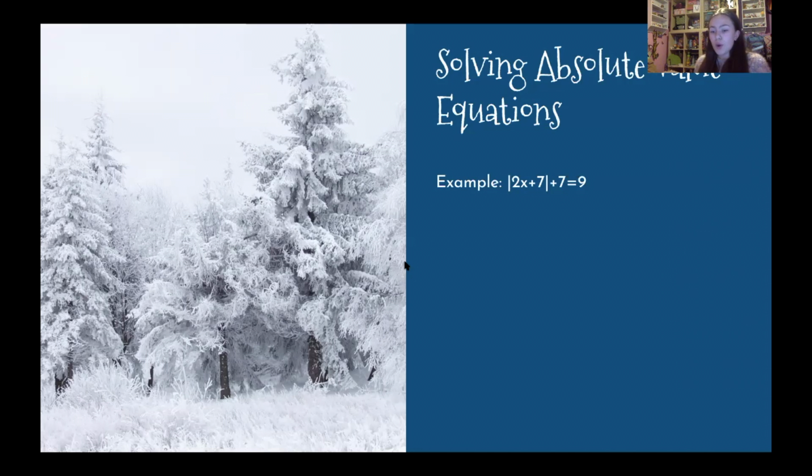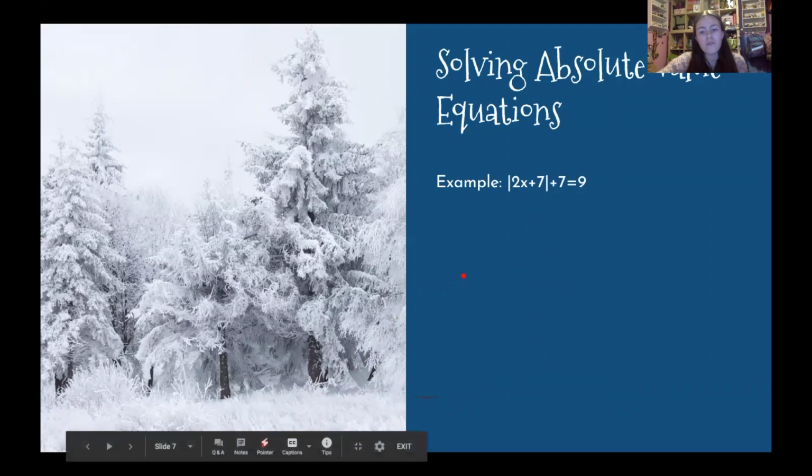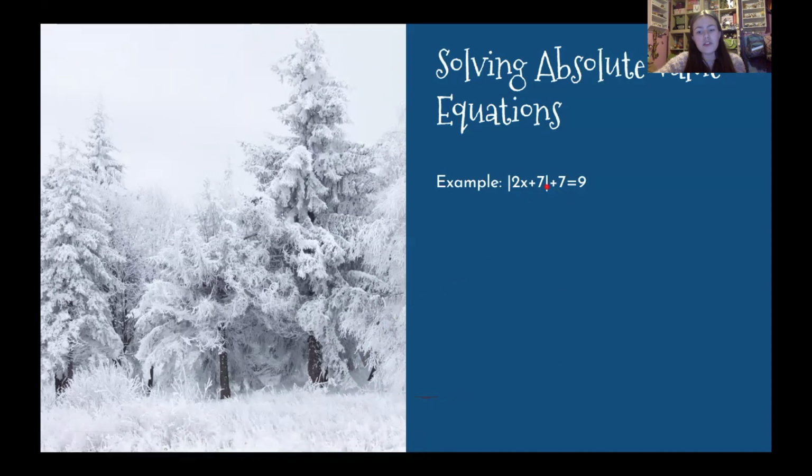Okay, so treat absolute value equations until simplified as an x. For example, you're trying to get this away from the other side.